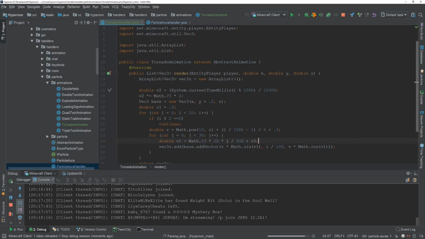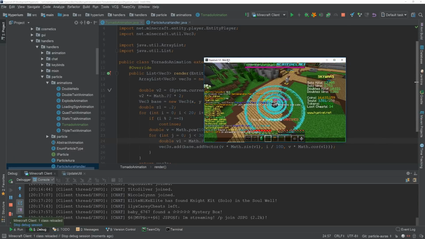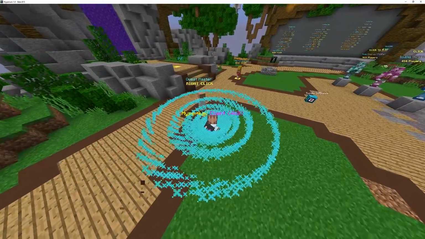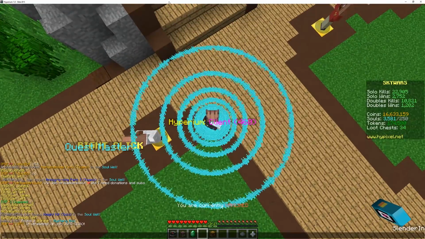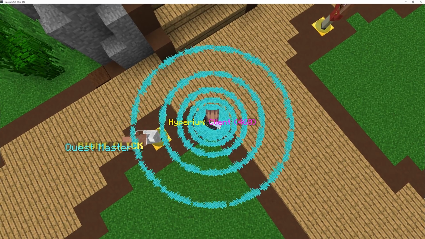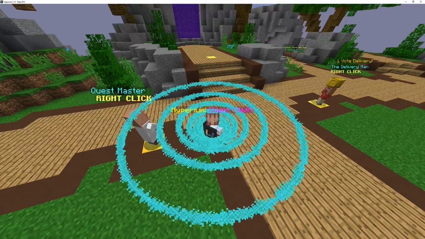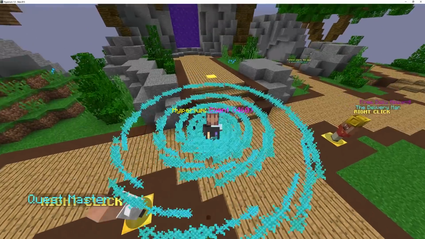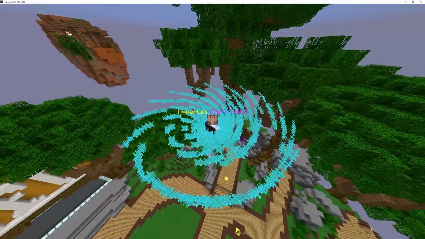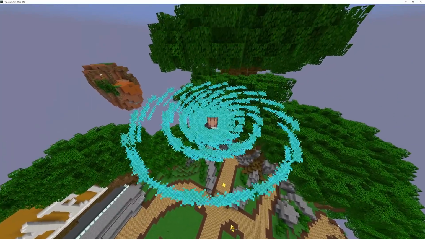So this would just make everything rotate evenly, right? And this is the super fast rotation that you can't even see. Yeah. We can also decrease this to like 15 maybe, just so you can see the individual particles easier as they rotate. Yeah, you can see it's rotating to the left.